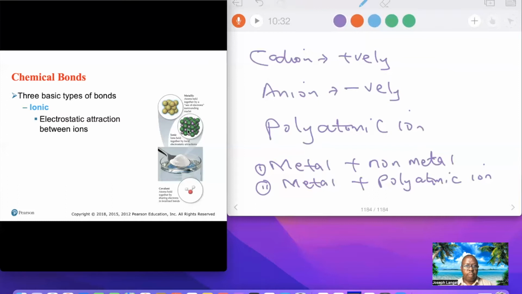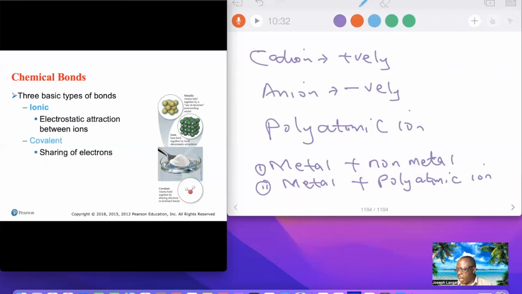This is an example of ionic bond where the blue spheres with positive charge represent sodium cation, and the green spheres with negative charge represent chloride ion.